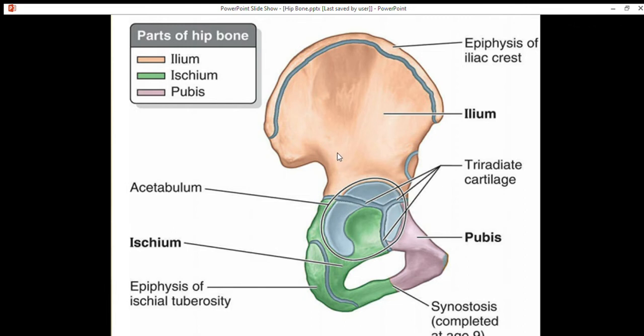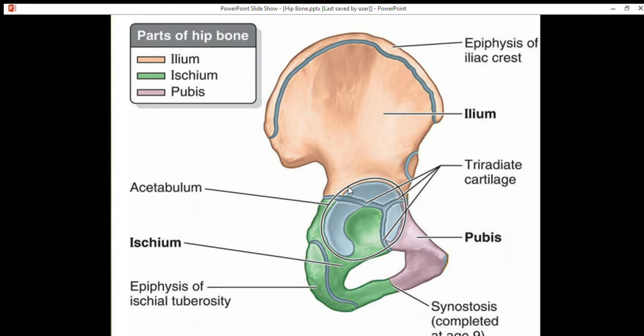The three parts joined together at a cup-shaped structure called acetabulum. You can see the triradiate cartilage, which is showing the joining parts of the three bones, and the cartilage is present here at the point of fusion.